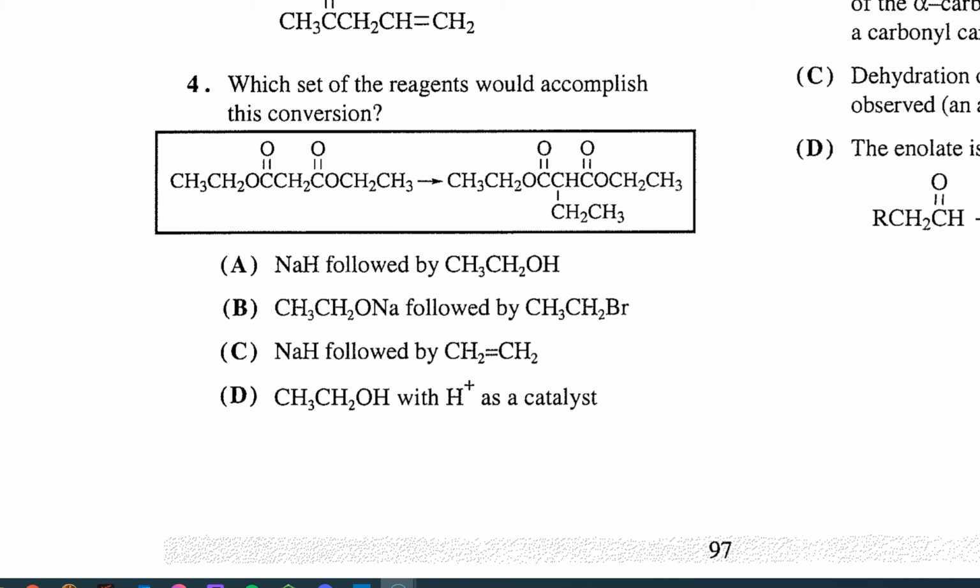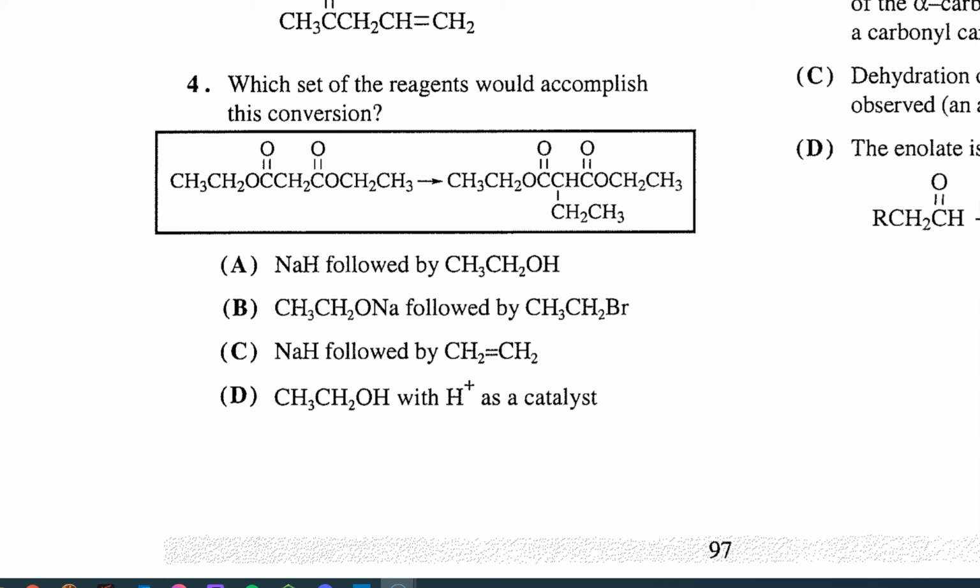So let's look at why A and C are not the best here. If we use A, we deprotonate, form the enolate, right? And then we're adding ethanol in, and that's just going to do nothing, right? Ethanol is not an electrophile.